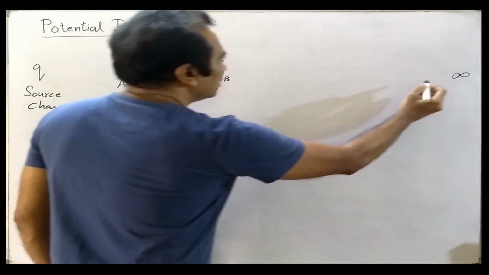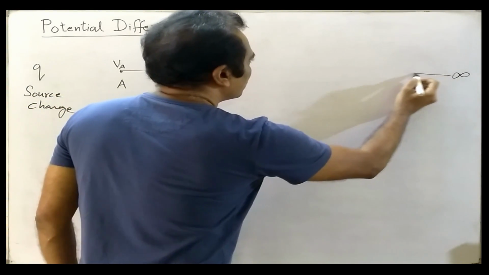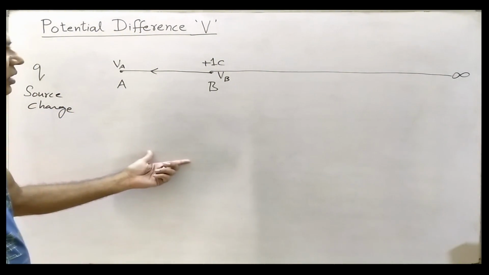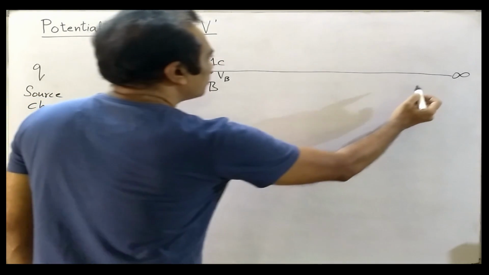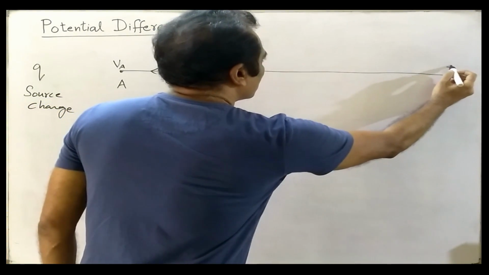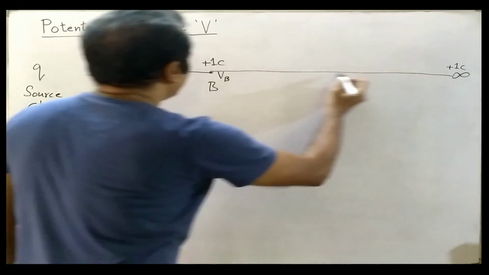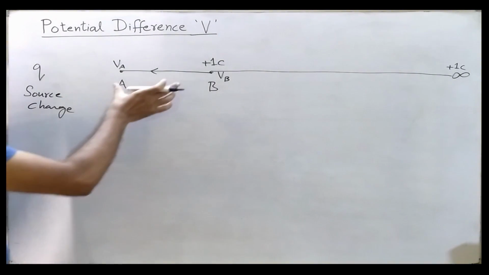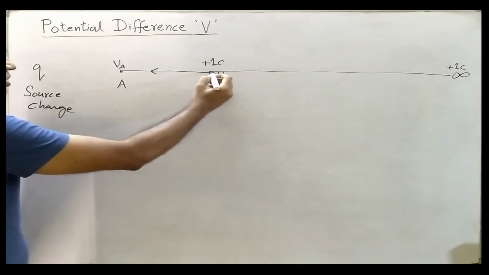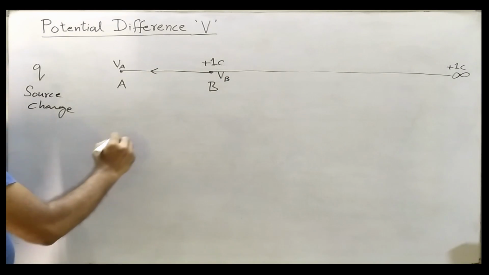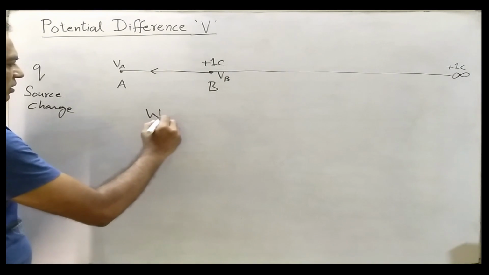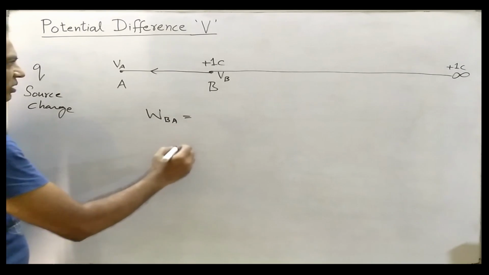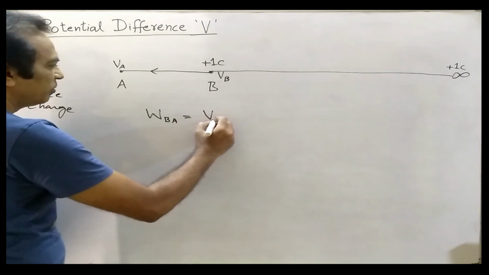VB is the work done in bringing a unit positive charge from infinity to this point, and VA is the work done in bringing a unit positive charge from infinity to point A. So what is the work done in bringing the unit positive charge from point B to point A? It will be nothing but VA minus VB.